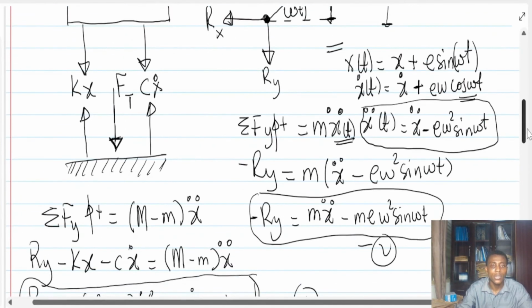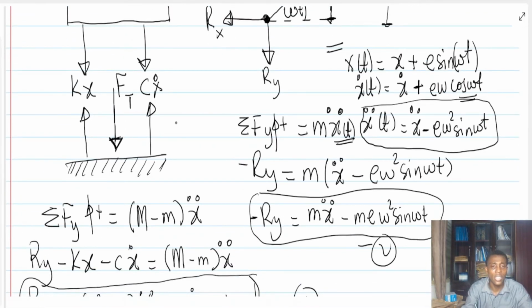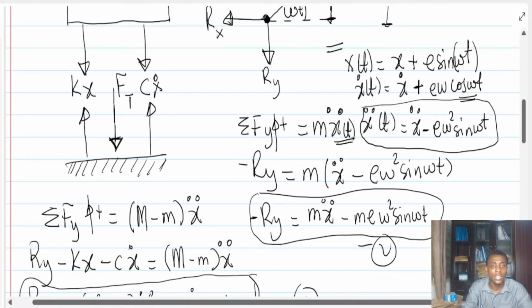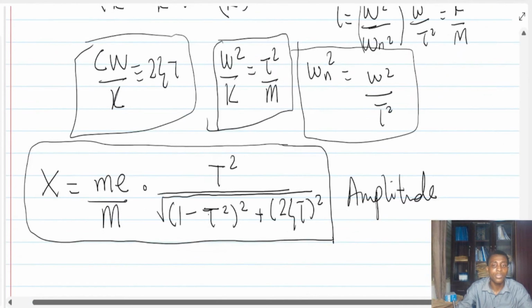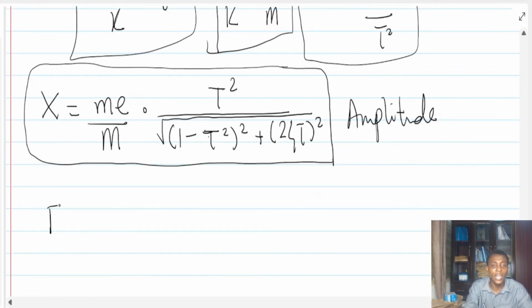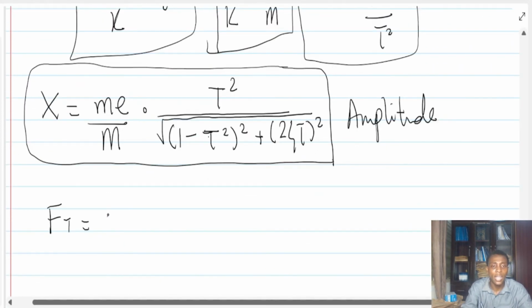Now, from a force balance here, clearly we can see that Ft is balanced by what? Kx and Cx dot. Can you see that? This is going down, this is going up, this is going up. So we can say that our F of t is balanced by Cx dot plus Kx.